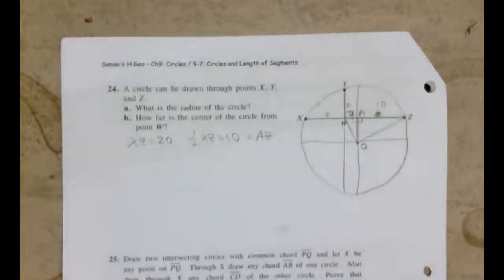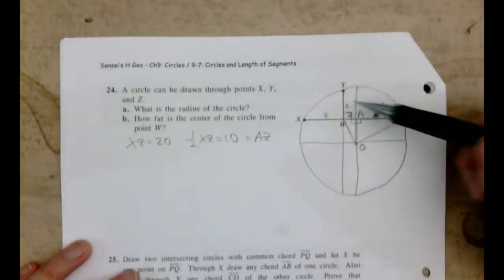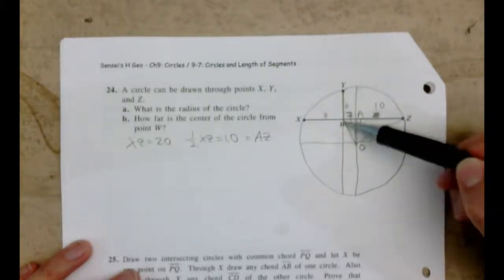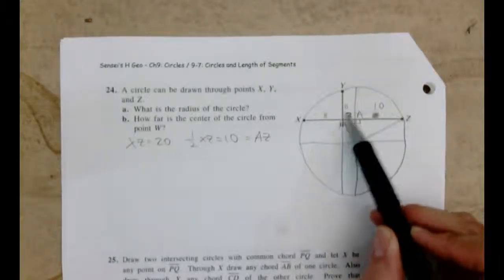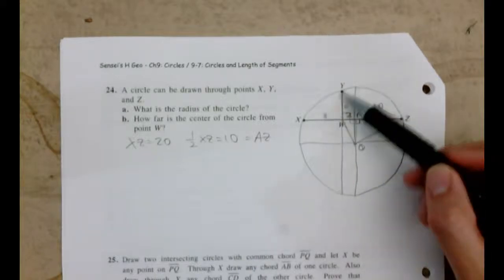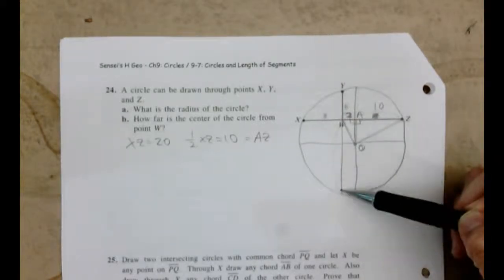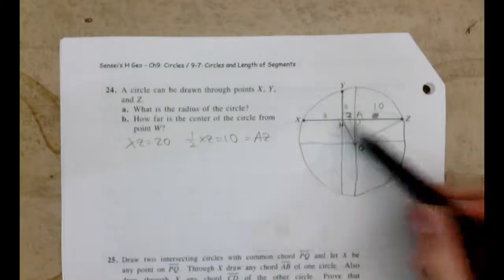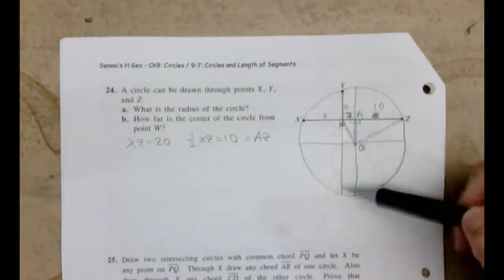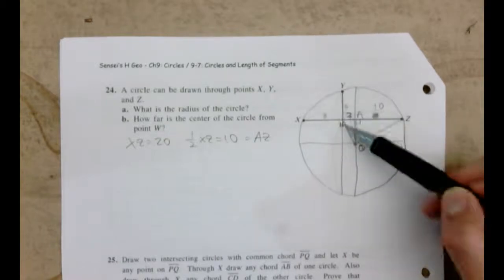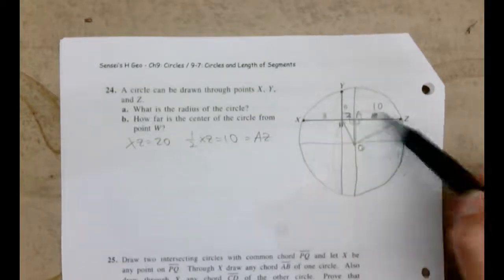Now, to get that, we have to get this length right here. So 8 times 12 has to equal 6 times this length. That's one of the theorems: when 2 chords intersect inside a circle, the products of the chord segments are equal. So this times this should equal this times this.